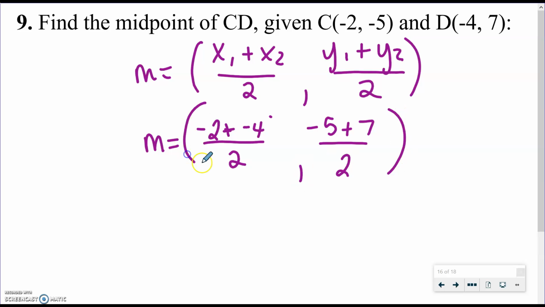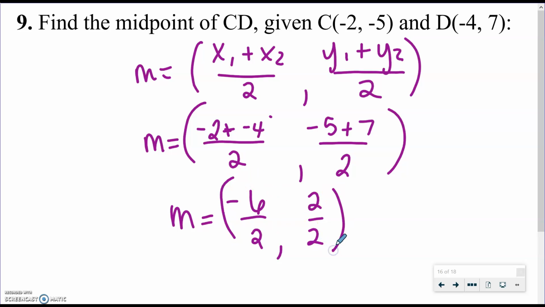And this is a point, that's why we're writing it like this. It's a midpoint. So then I have -6 divided by 2, comma, 2 divided by 2. So my midpoint is -3, comma, 1. That is the midpoint of that segment.